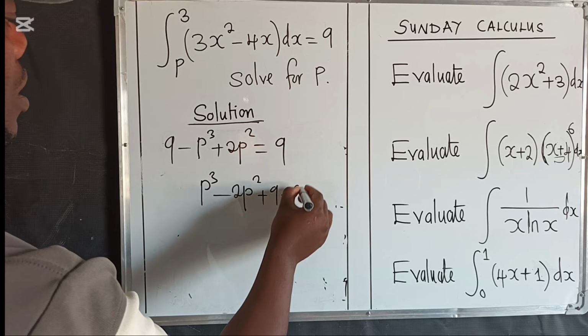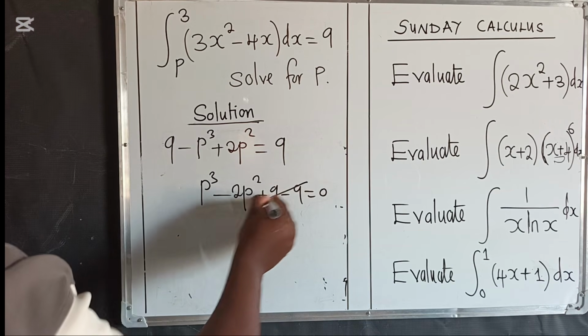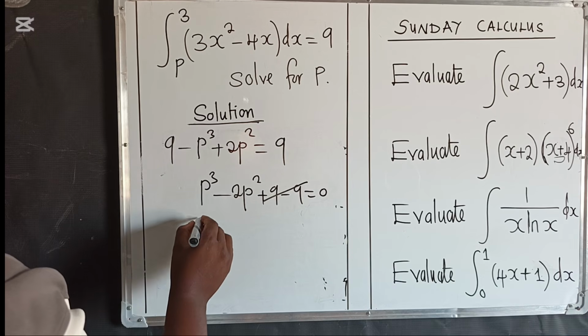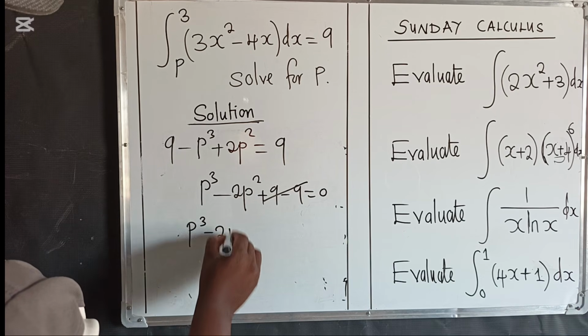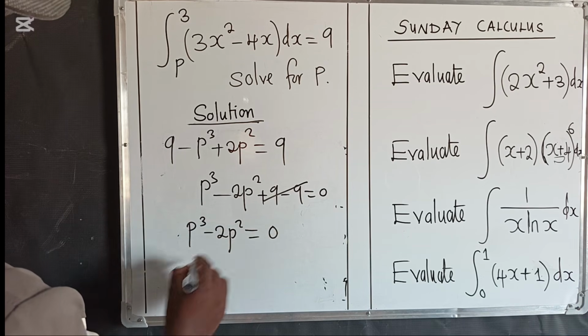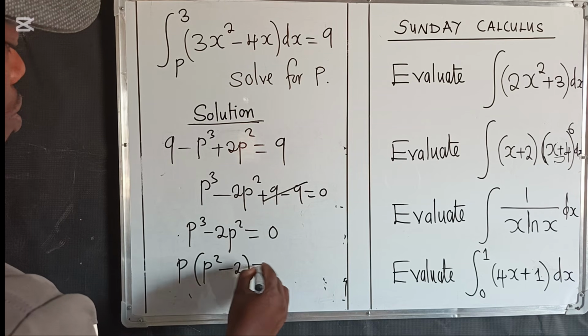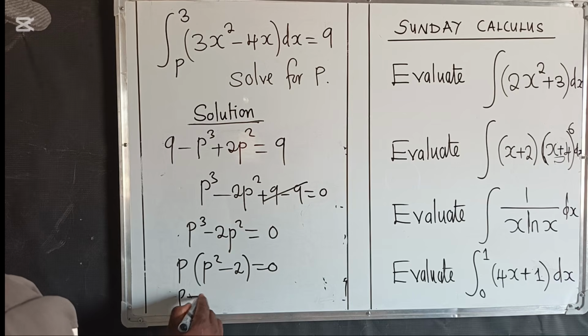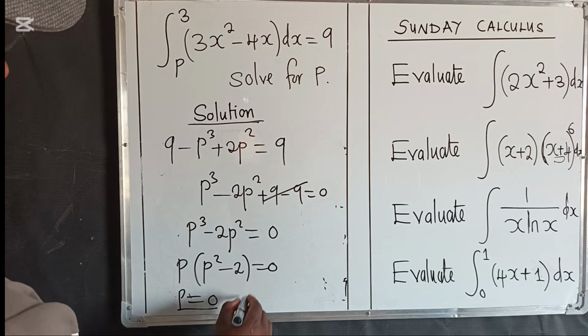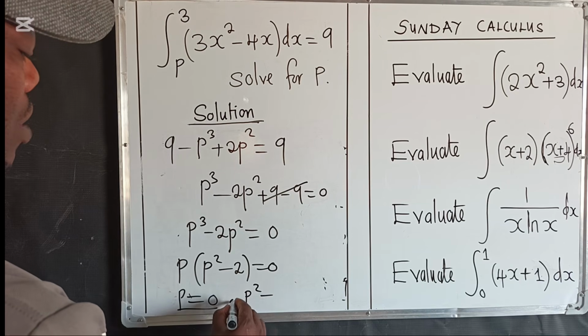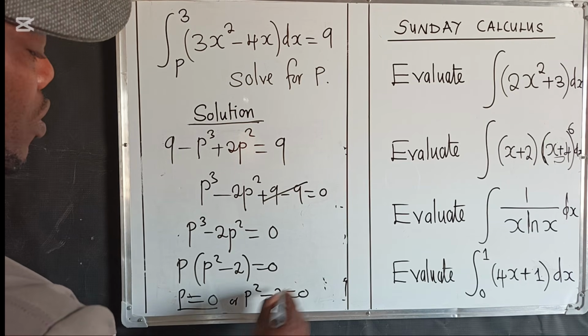Equal to 0. So these two cancel out. We shall remain with p^3 minus 2p^2 is equal to 0. Factor out p, and this is how it's going to look. Okay, so one value of p is equal to 0. For the other one, we solve this equation.